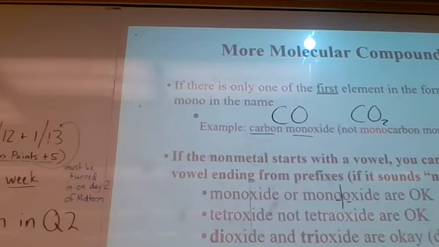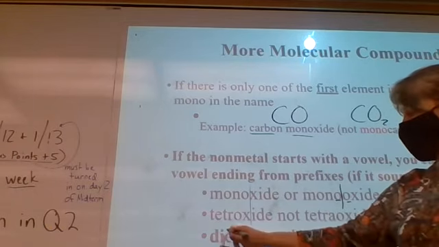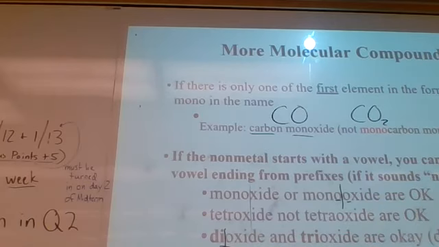There are times you can't drop the extra vowel, like dioxide. If you change that to doxide or dixide, that just sounds weird. It is not the same word, okay? So when in doubt, just leave both vowels in there, okay?